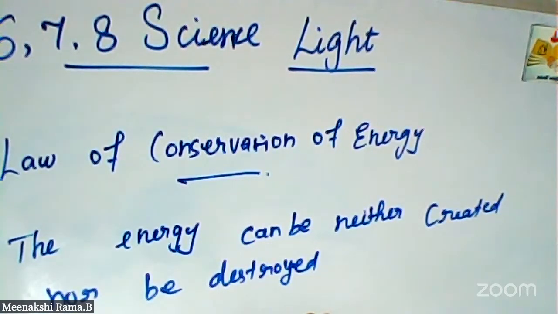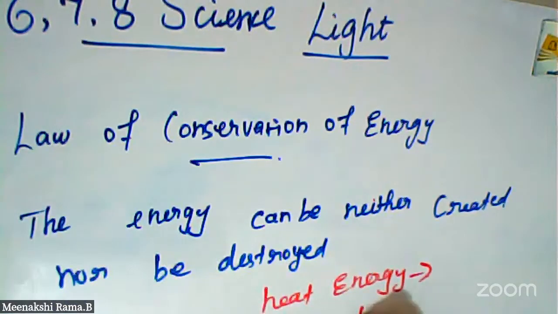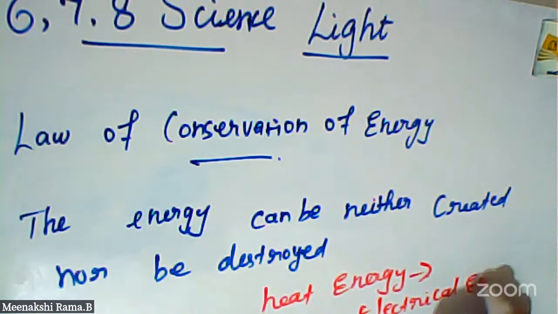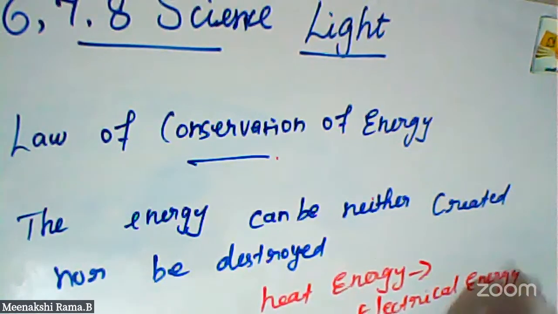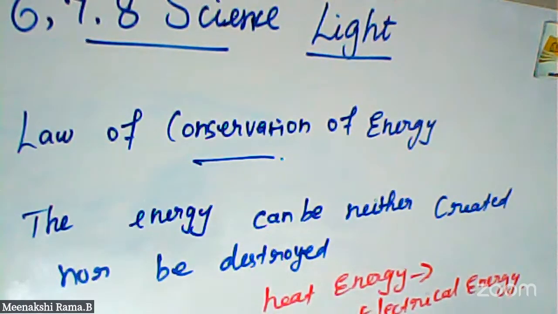How is it changed? One energy form is changed into another form. For example, heat energy is changed into electrical energy. In this way, the energy transformation is done. One energy is transferred into another energy.